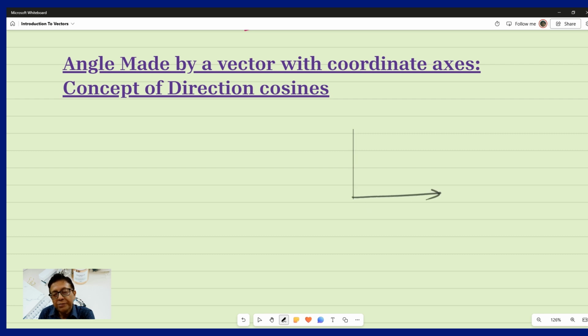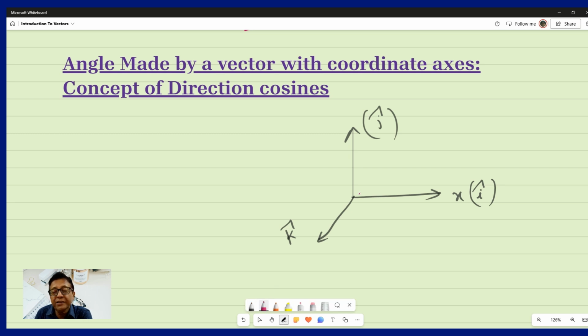So this is your x-axis, with unit vectors i cap, j cap, k cap. The angle made by a vector, OP is a vector. It can make alpha angle with x-axis, beta with y-axis, and gamma with z-axis.